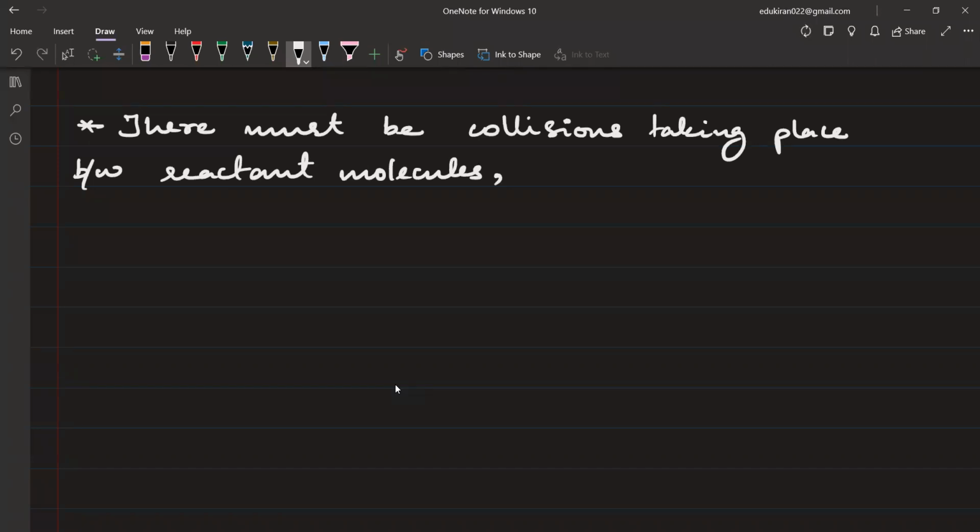Between reactant molecules, but every collision is not fruitful.